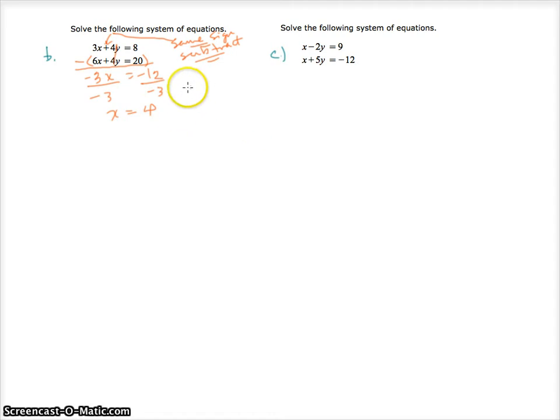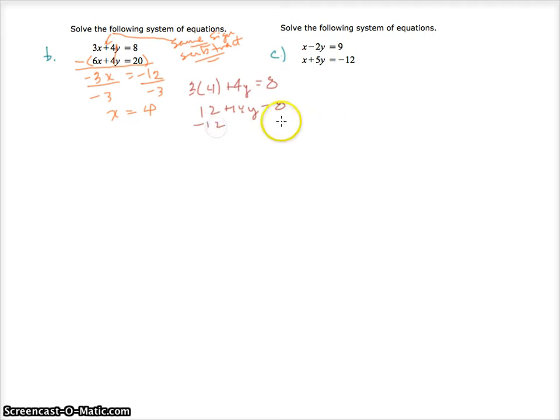So I'm going to have 3 times 4 plus 4y equals 8. 12 plus 4y equals 8.